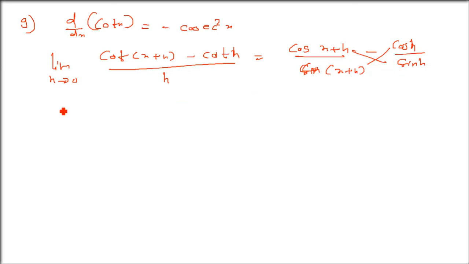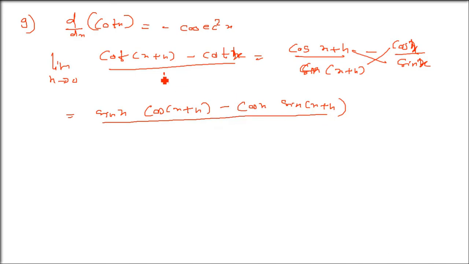Now just take the LCM. So this will be sin x cos(x plus h) minus cos x sin(x plus h), divided by h is already there. We are not going to write it right now. Next step I am going to write.